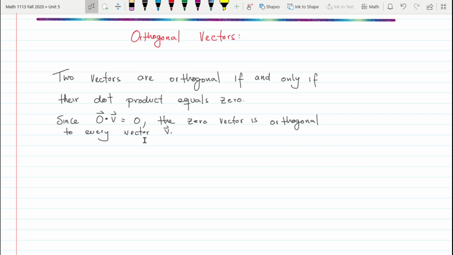Since the 0 vector dotted with any vector equals 0, we can say that the 0 vector is orthogonal to every vector v, or just any vector really, because whatever we call that vector, the dot product comes out to equal 0. Therefore, the 0 vector is orthogonal with everything.